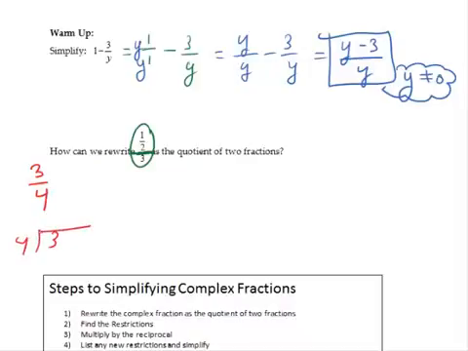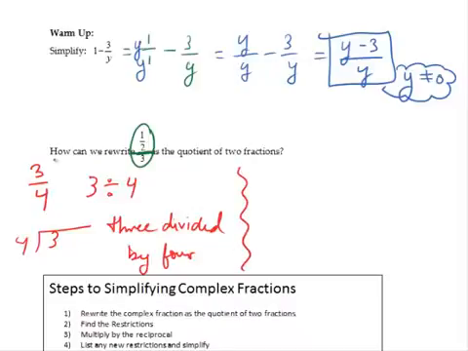That's one way to say it, kind of a messy way. We could use the old-fashioned language of this division sign, 3 divided by 4. We could just say the English, 3 divided by 4. Those are all equivalent ways of saying 3/4, okay?